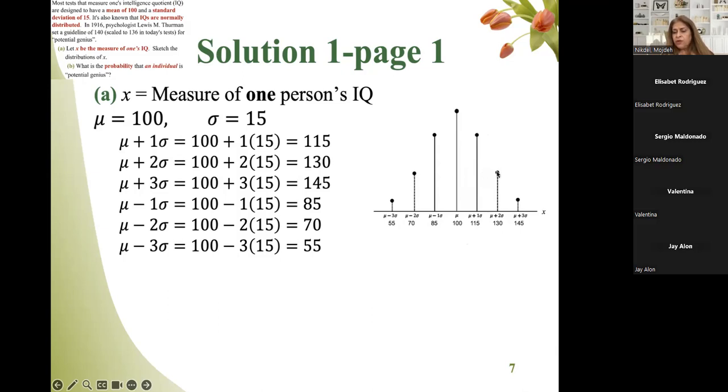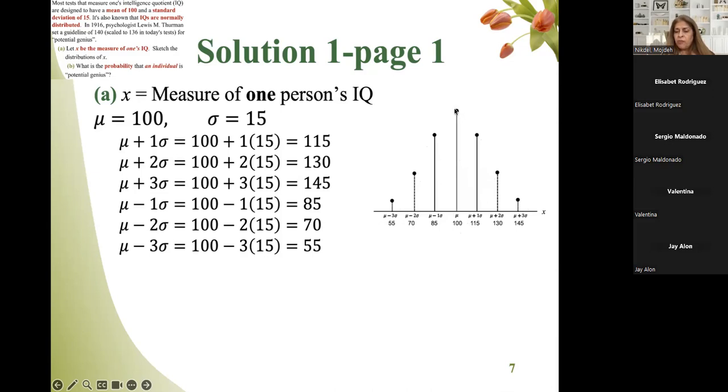Put a dot above the lines. 3 standard deviations to the right and 3 standard deviations to the left have the same height. This height is arbitrary as long as the middle line is the highest, then you go exactly the same height with 1 standard deviation, same height with 2 standard deviations, same height with 3 standard deviations.